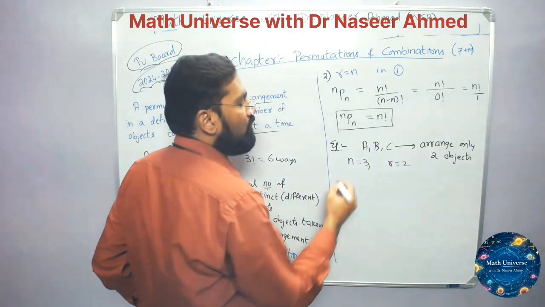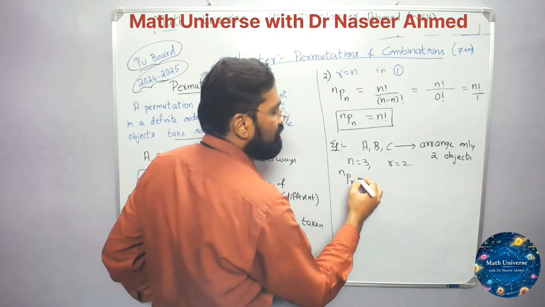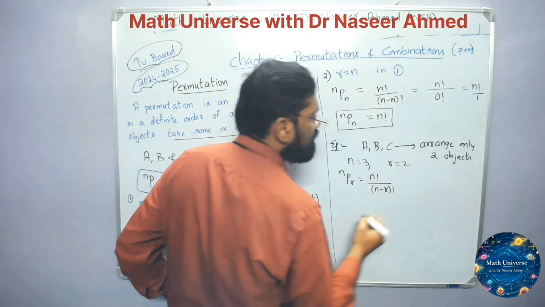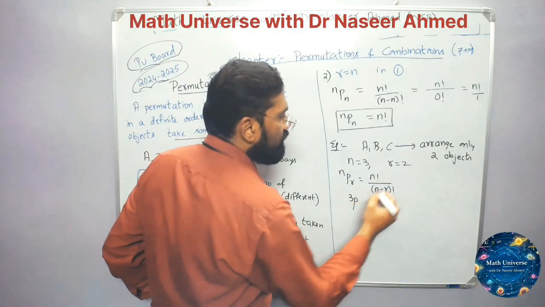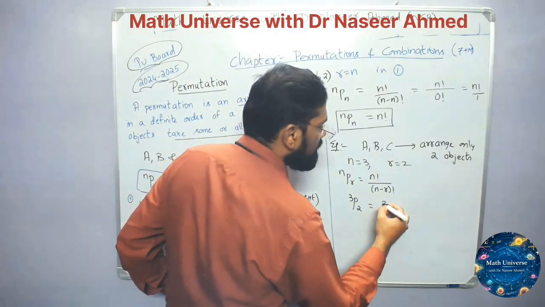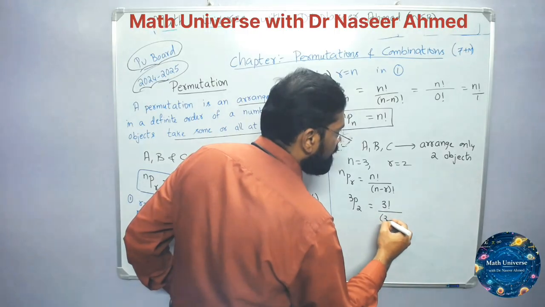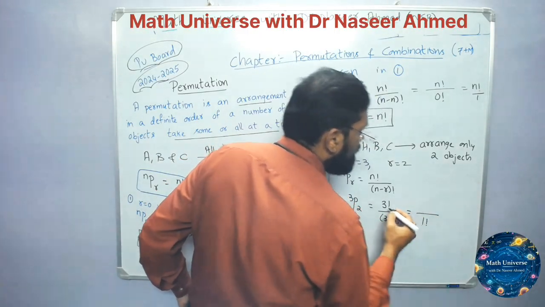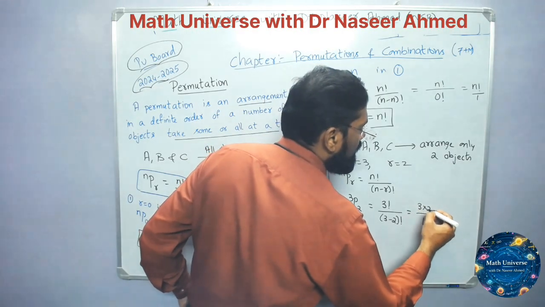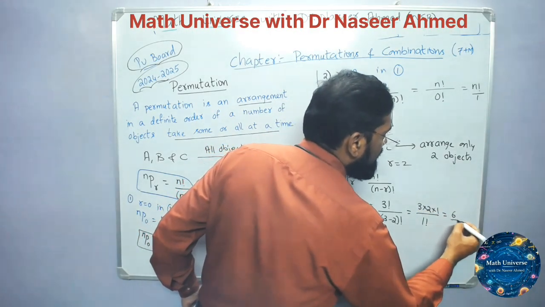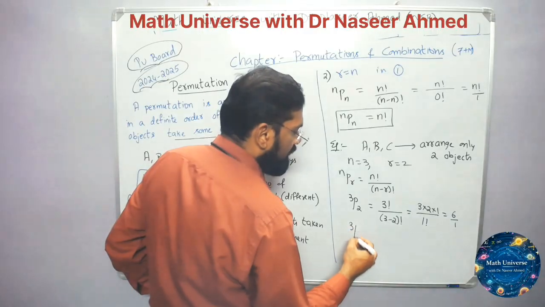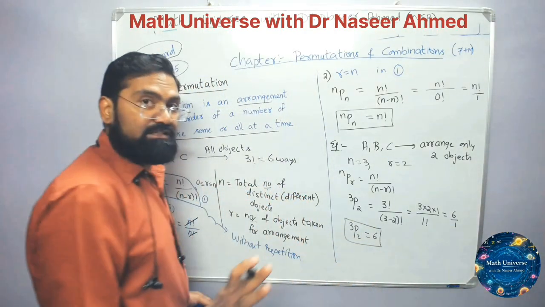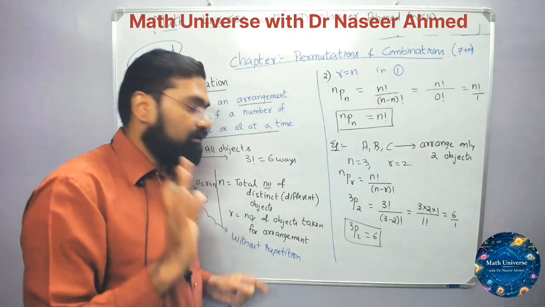So the answer is the nPr formula, n factorial divided by (n minus r) factorial. n is 3, r is 2. So 3 factorial divided by (3 minus 2) factorial. 3 minus 2 is 1. 3 factorial is 3 into 2 into 1, so the answer is 6 divided by 1. Therefore we get 3P2 is equal to 6. 6 ways we can arrange, that we already saw, right?